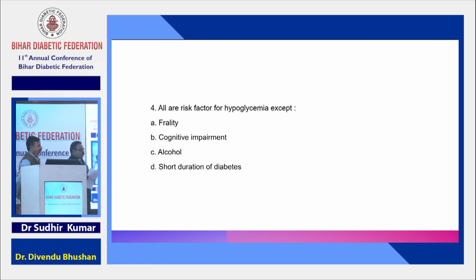It's a fast, easy one. Lock A for sure. Lock it firmly. A. A is a known risk factor. Answer is D, short duration of diabetes. The longer the duration of diabetes, the chances of hypoglycemia are more.